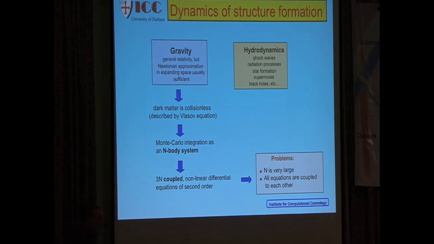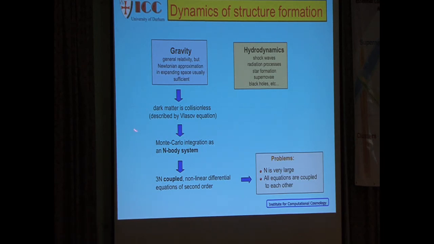Then in reality, you can imagine the dark matter to be a continuous fluid, which is described by the Vlasov equation. So in principle, you need to solve the Vlasov equation to follow these perturbations. And in practice, the way that's done 99.9% of the time is by discretizing this fluid and representing it with particles, N-bodies, which are a Monte Carlo representation of the discretized continuum dark matter fluid.